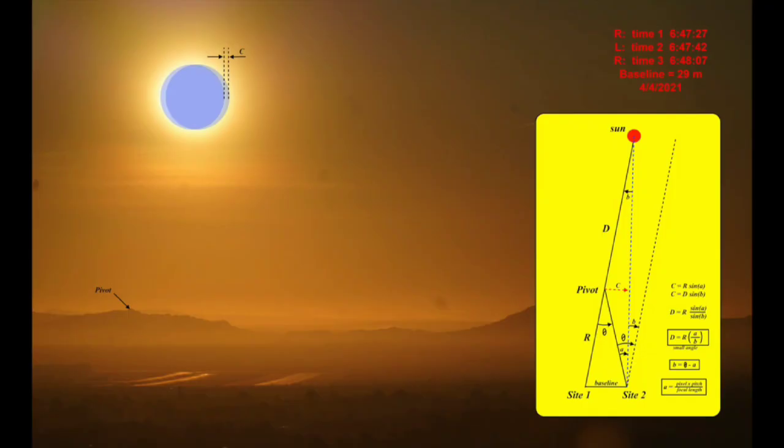Now here are the equations that help us determine the distance to the sun. If you're familiar with trigonometry and geometry, you should find this easy. Basically, we've aligned the photos to the pivot, okay, at a known location. And then we see how much the sun is shifting, distance c.